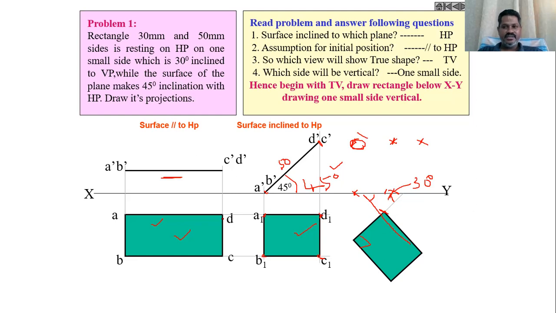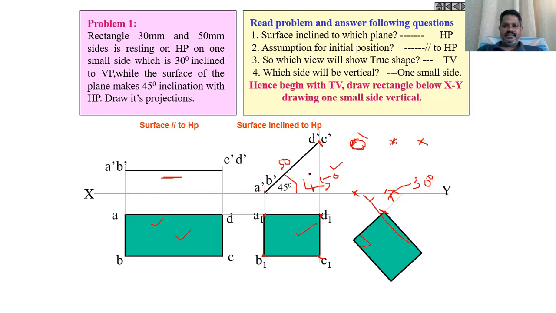In the second step, we are going to twist the plane to a certain angle with the reference planes. In this case, the reference plane is HP. The rectangular plane is twisted to 45 degrees with HP. So in the second step, I am drawing the front view first, then I am projecting these points to get the top view.